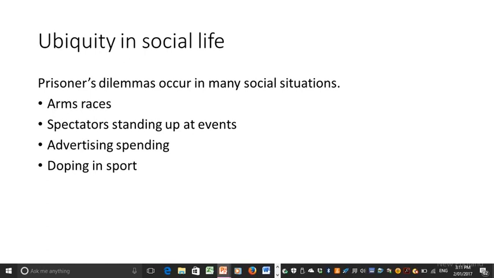But I want to just give a few other examples of prisoner's dilemma, because I said that prisoner's dilemma type situations that have this particular structure occur in all sorts of different contexts. So in the last lecture I mentioned standing up at sporting events. We can see that has the same structure.